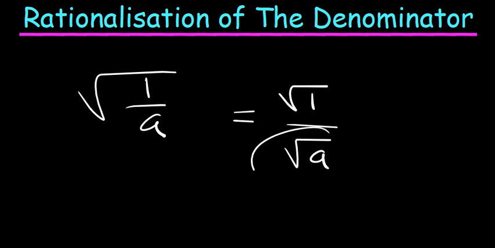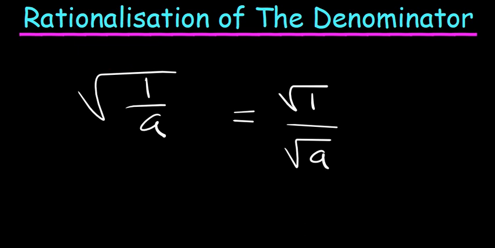Now you don't want a surd as a denominator, because we said surds are non-terminating. Okay, so they continue like that. So if they are never ending, you don't want something that is never ending in the denominator, so you have to remove it. That's what we are calling rationalizing the denominator.